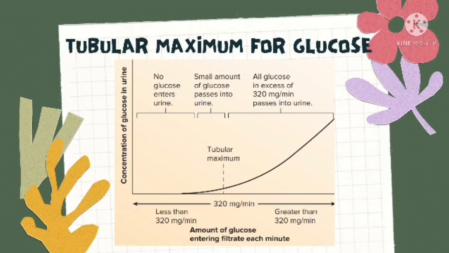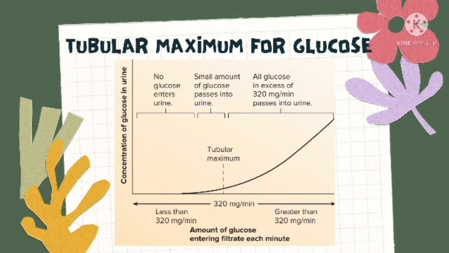This is where the tubular maximum starts, and beyond that concentration, when the amount of glucose is greater than 320 milligrams per minute, all glucose in excess of 320 milligrams per minute passes into the urine.